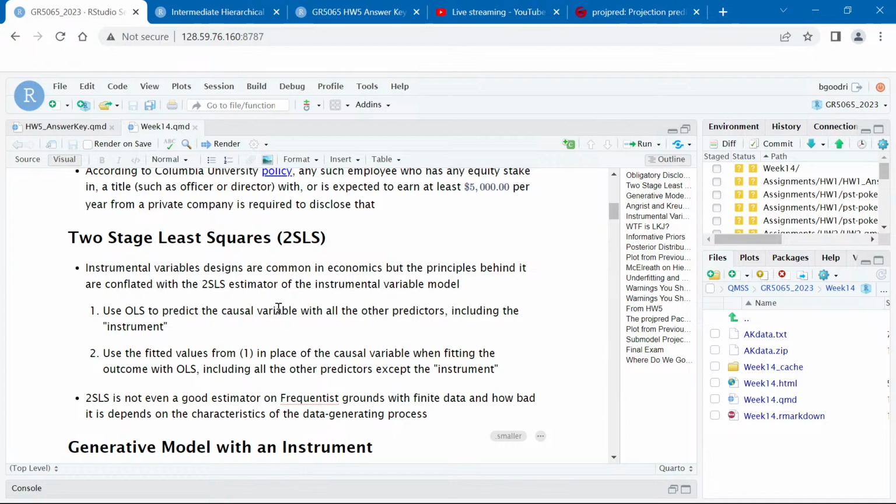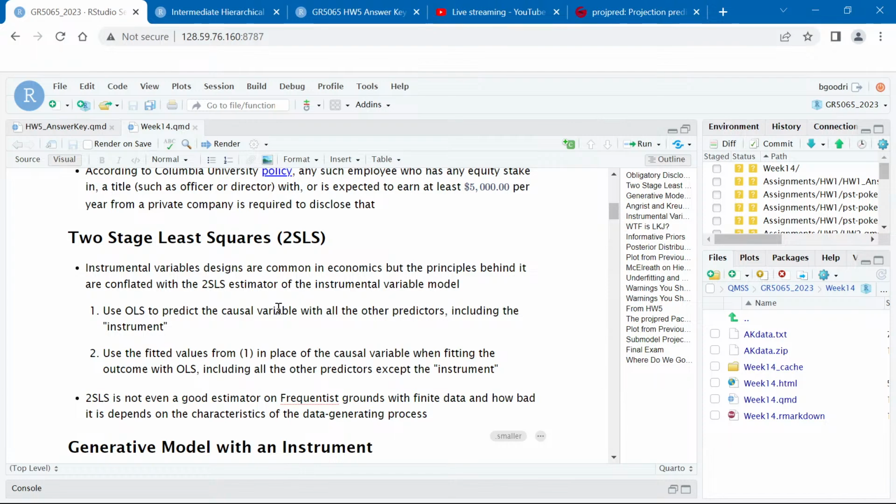When using ordinary least squares to fit the outcome, conditional on the predictions from the first stage of the causal variable and all the other predictors, but not using the instrument and not using the actual causal variable, only using the fitted values from the first stage, it's like a proxy for the causal variable.